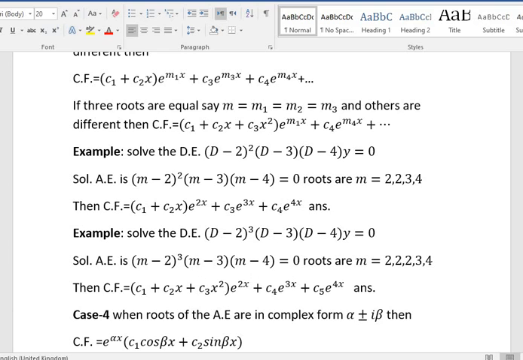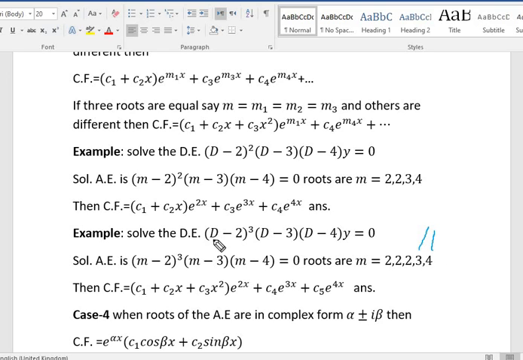Solve this auxiliary equation. (m minus 2) power 3 equal to 0 means m equals 2, 2, 2, repeated 3 times. When m minus 3 equals 0, m equals 3. When m minus 4 equals 0, m equals 4.